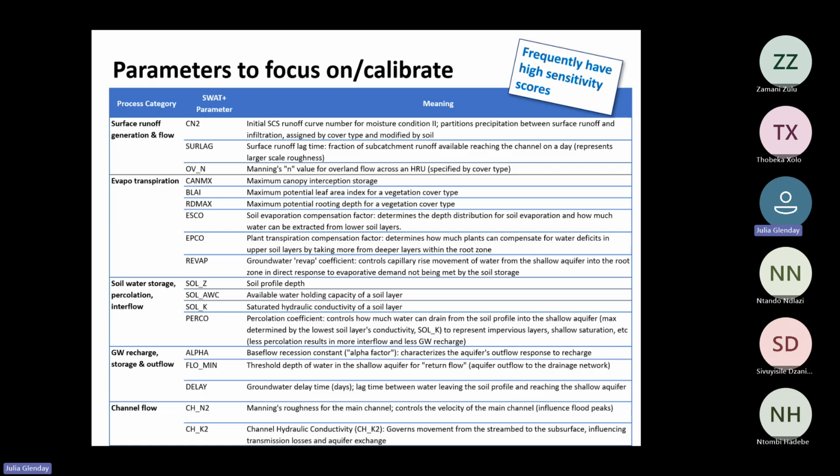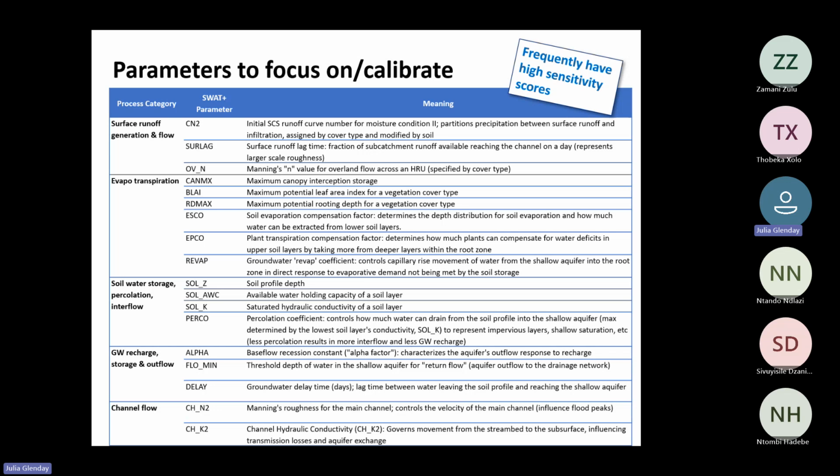So just to show these briefly, there are different SWAT parameters that control how much surface flow is generated from and assigned to the land cover type. A curve number will be one of those, and then the overland flow roughness of the cover. Evapotranspiration is highly controlled by things like the canopy interception storage, the leaf area index, how deep the roots are, and how evaporation can come from the soil.